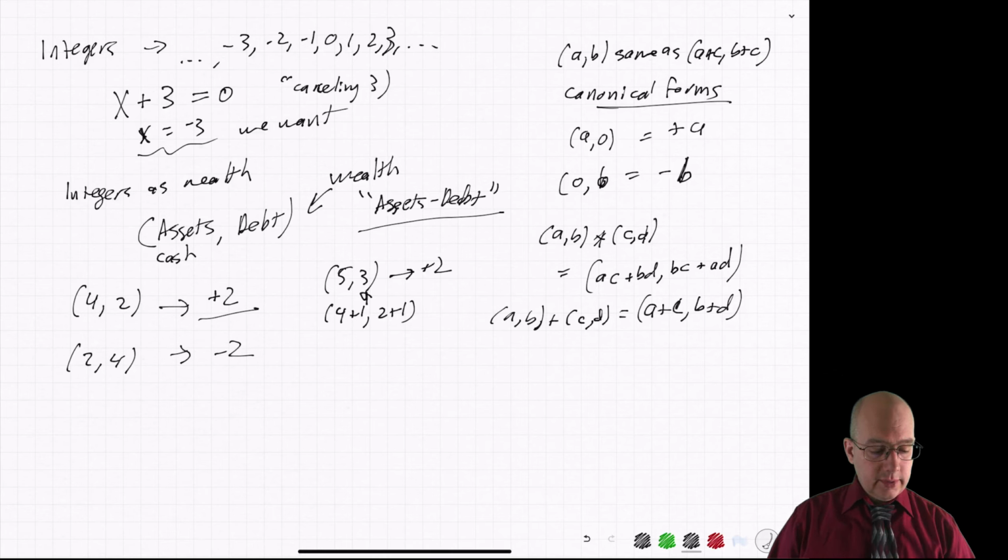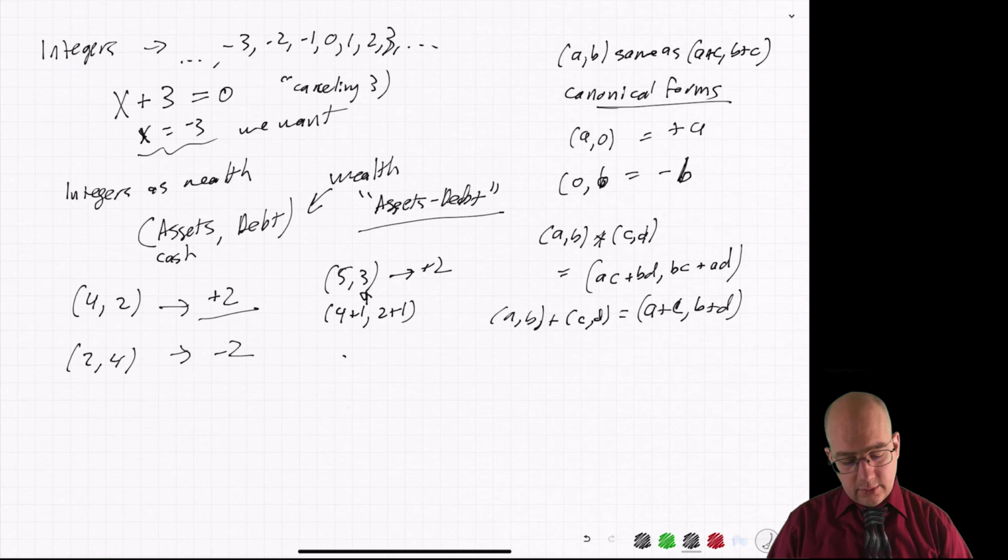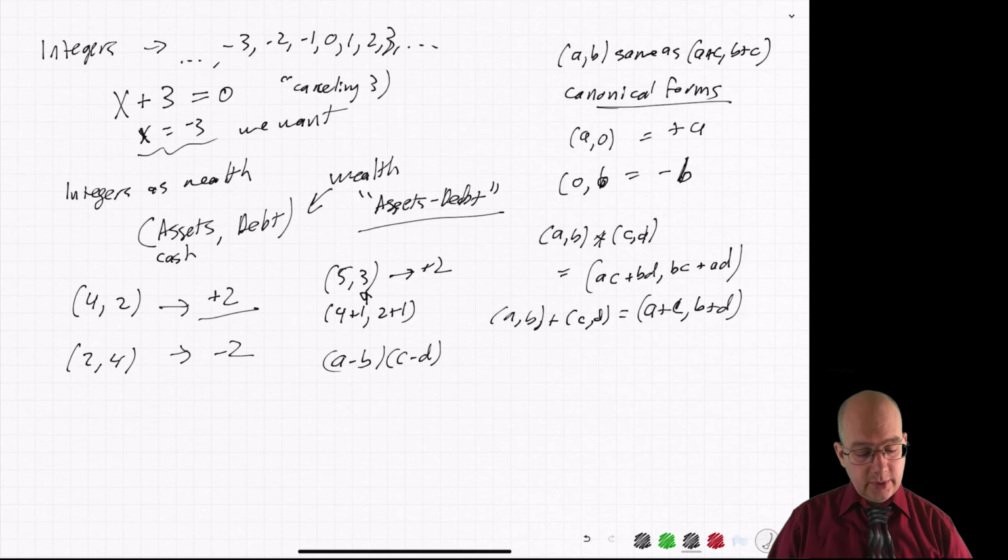Well, actually, here's how you do it. You can think of it as A minus B times C minus D, right? That's essentially what we're doing here. And so then you write down your little box for multiplication.